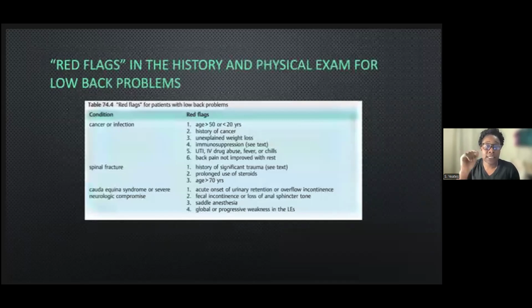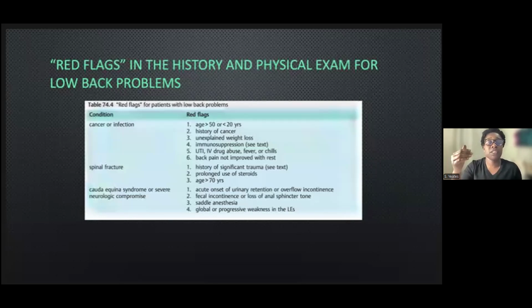When the patient is above the age of 50 or 45, or less than 20 years of age, has a history of cancer, which correlates with unexplained weight loss, has some form of immunosuppression, such as cancer treatment, history of UTI, IV drug abuse, fever or chills, and back pain that is not improved with rest, we think of cancer or infection. If the patient has a history of significant trauma, prolonged use of steroids, or is above the age of 70, we are thinking of a spinal fracture.